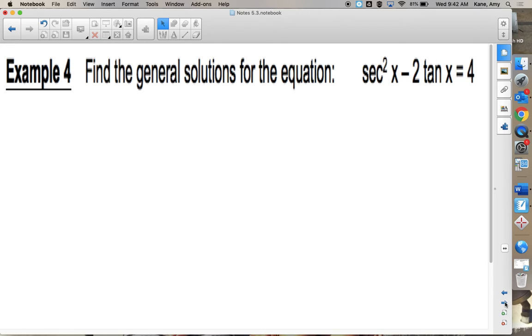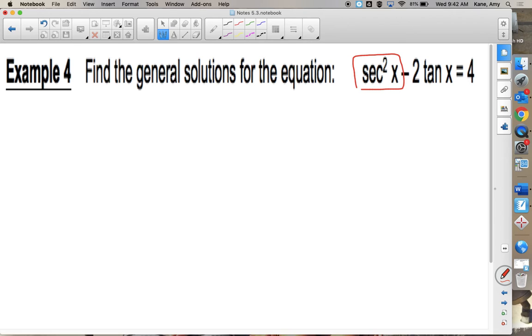But we have secant squared minus 2 tangent equals 4. No, you don't have to square both sides. So would you substitute the secant squared for tangent squared? Yeah, but since you already have something squared, we don't have to square both sides, but we need to make sure the functions are the same.